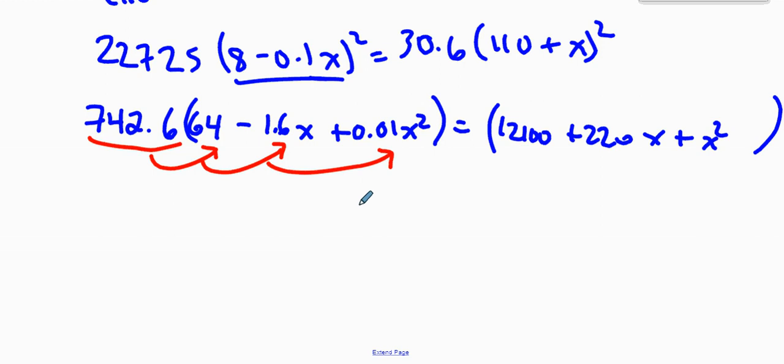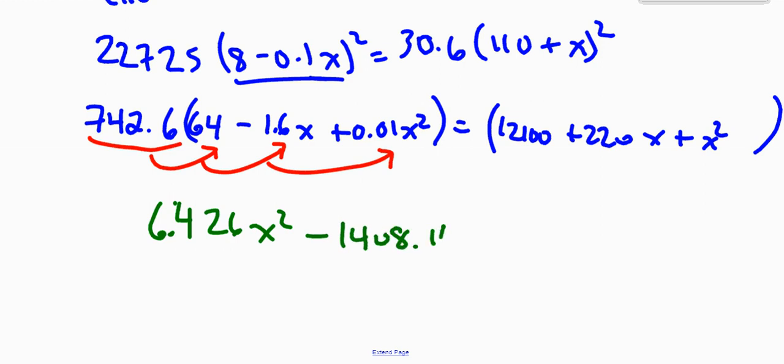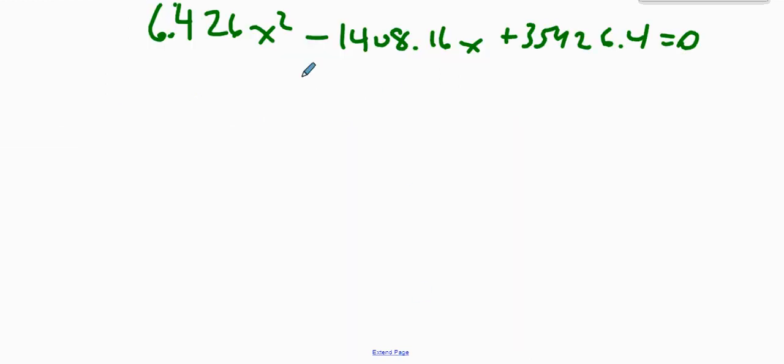And what you end up with is this quadratic: 6.426x squared minus 1408.16x plus 3542.64 equals 0. Use the quadratic equation and you can solve for x.